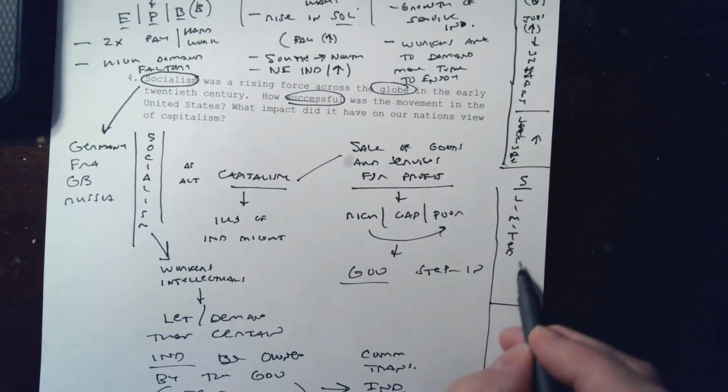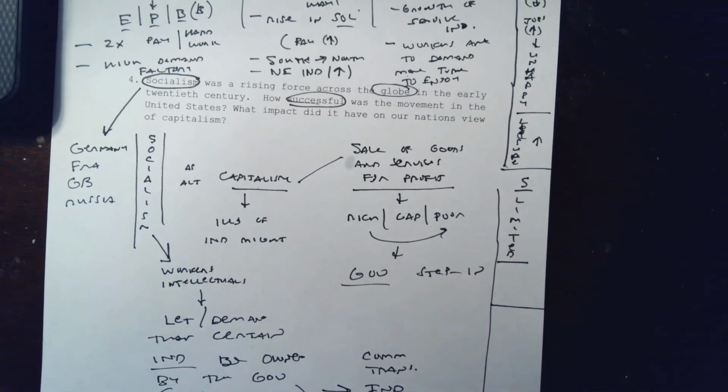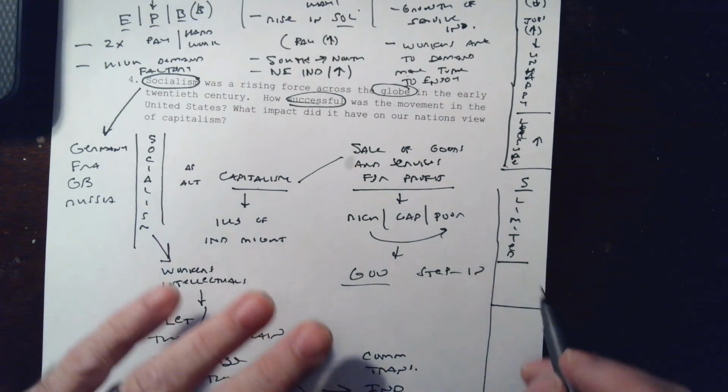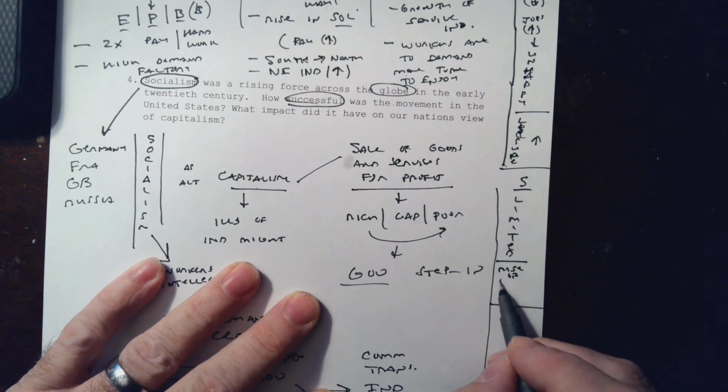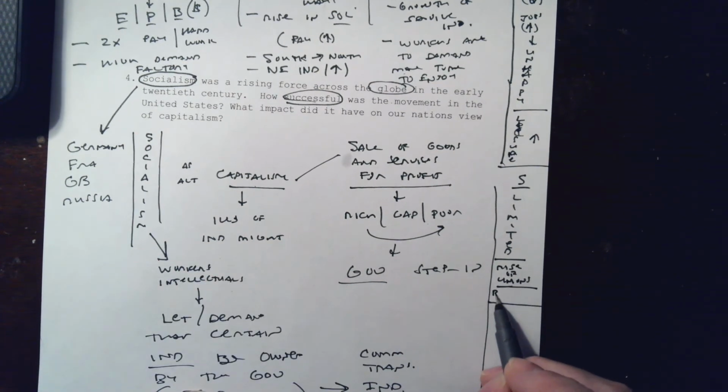All right. It is limited in the sense that we love our stuff. We don't really want the government to get in the middle of our business, so we didn't really take it all that much. It did lead to the rise of unions. It did lead to better working conditions.